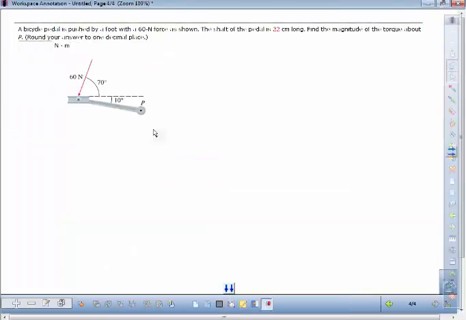A bicycle pedal is pushed with a foot with a 60 Newton force as shown. The shaft of the pedal is 22 centimeters long. Find the magnitude of the torque about P. This is kind of your origin, where the pedal is, and you're pushing down on that pedal.